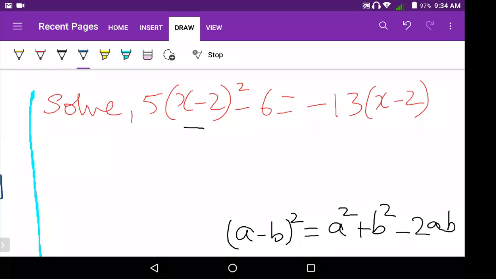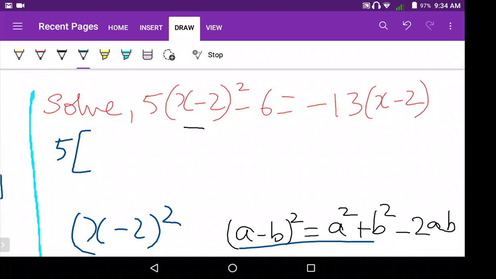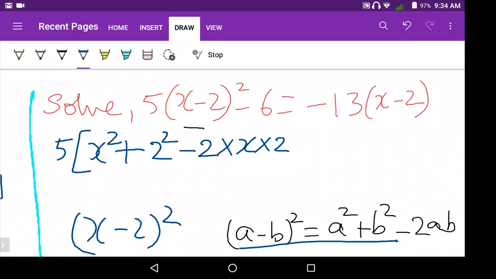What we are going to do is expand 5 into this x minus 2 whole square in this format. So what will happen? x square plus what is b? b is 2. So 2 square minus 2 into x into 2. Okay, so this is what we get.